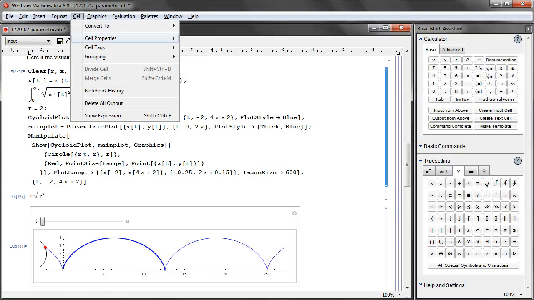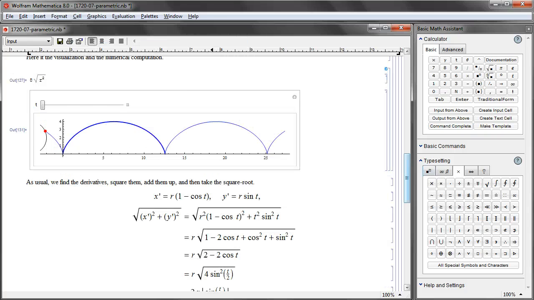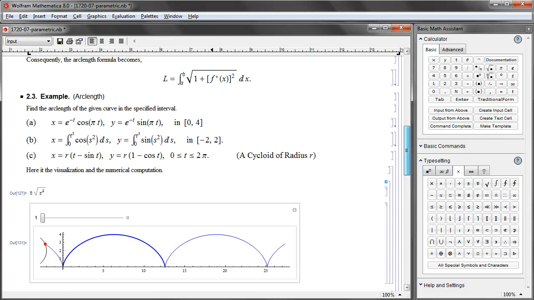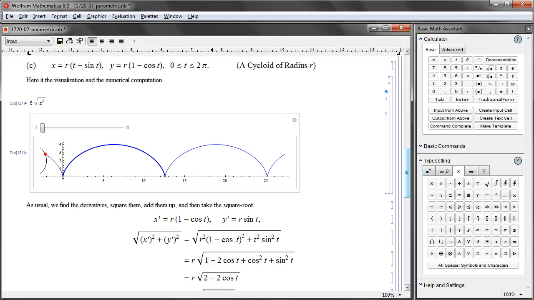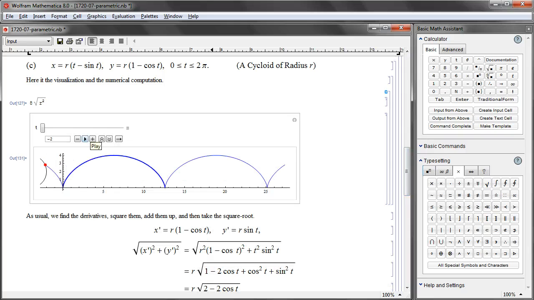Let me minimize this program part. And then, well, let's see, here we go. We start with a certain circle with radius r, the same r you see over here and there. And then mark a point on the circle as this red point over here and roll it.